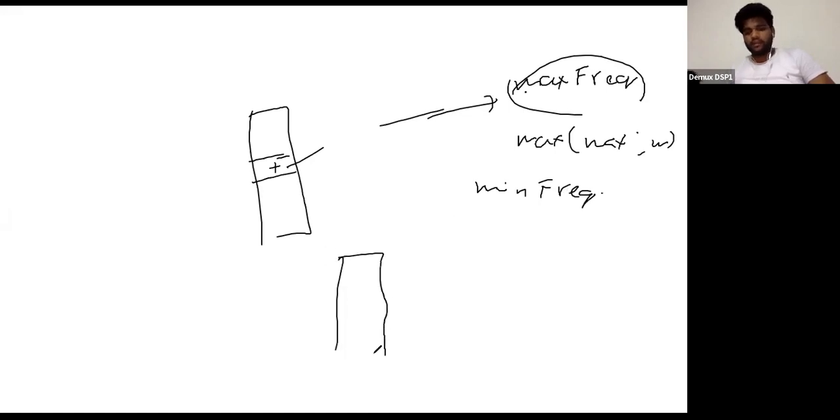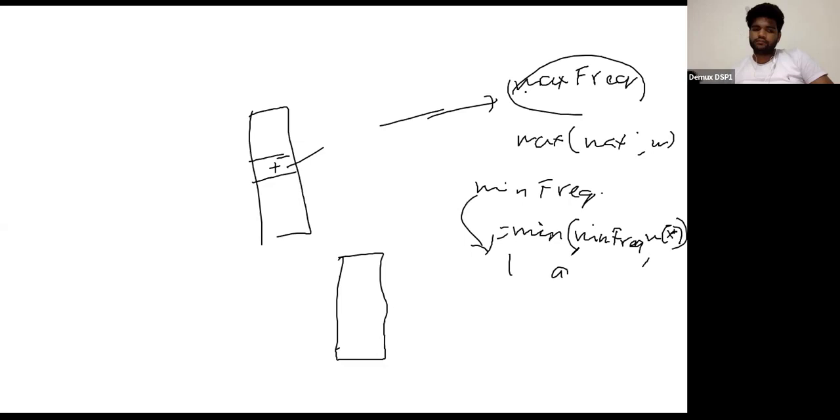Why? Because it is the minimum. The problem here is, if you do this, minimum frequency is the minimum of minimum frequency and the frequency of the new element that you encountered, m of x, then this will always give you 1. Because the first time you inserted an element, the frequency became 1, the minimum frequency value took 1. After that, you keep incrementing.